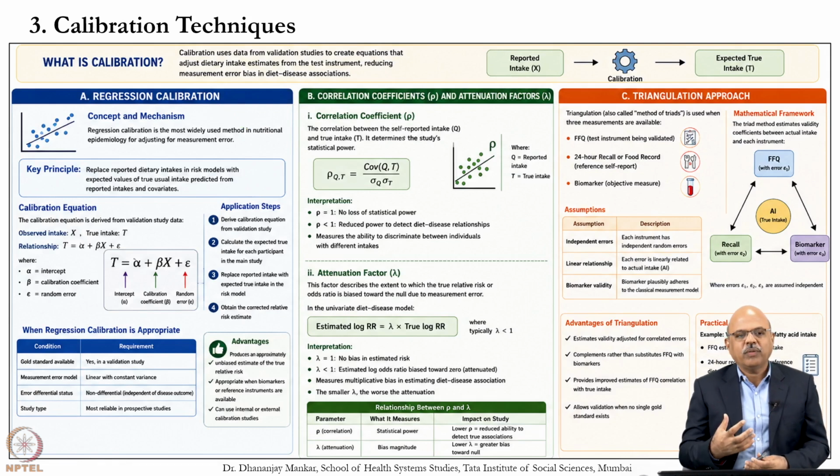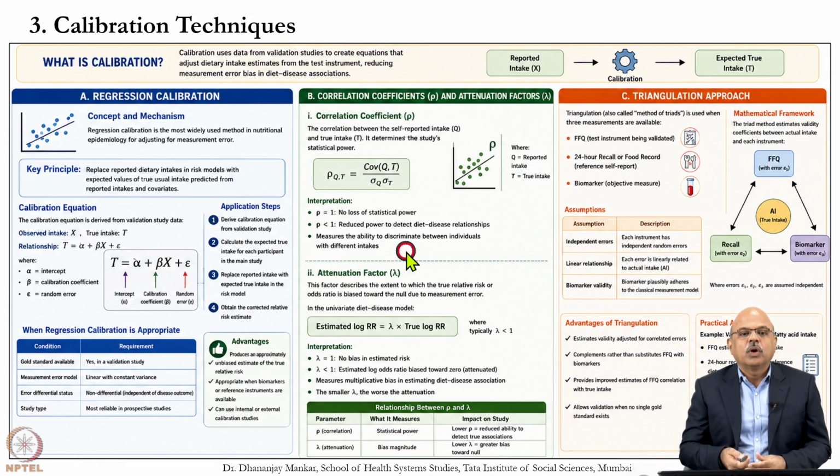Regression calibration is the most widely used method in nutritional epidemiology for adjusting measurement error, because it replaces the reported dietary intake in risk models with expected values of true usual intake predicted from the reported intakes and covariates. It is important that you use it when regression calibration is appropriate.